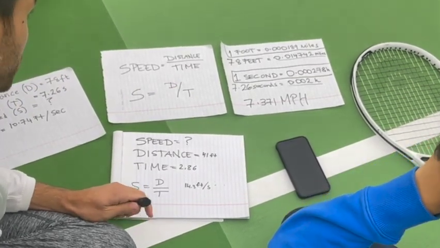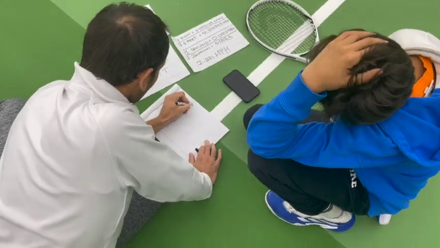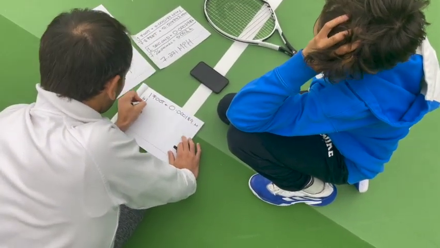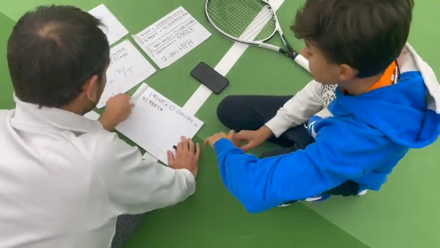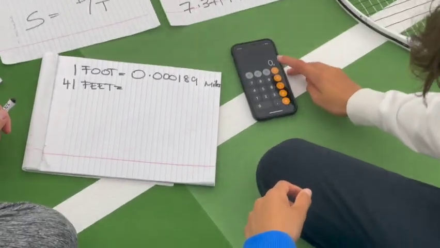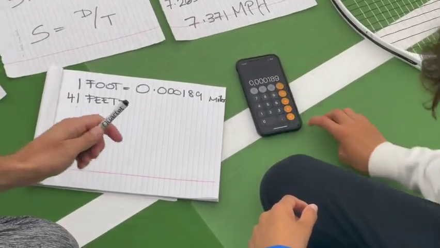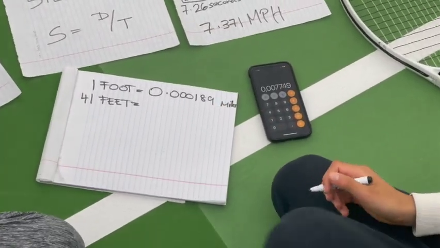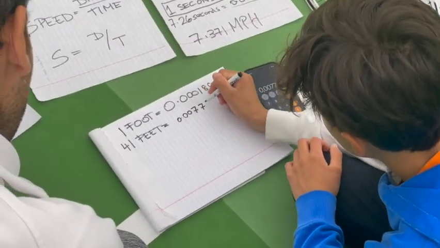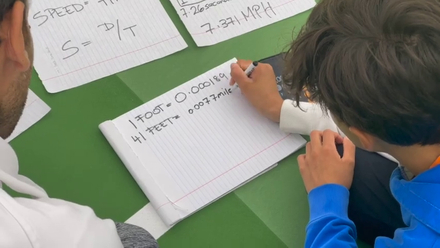So how would you do that? 1 foot equals 0.000189 miles. 41 feet, that's how much you ran. So let's do 41 times 0.000189. You want to fill that out? 0.0077 miles. Okay.